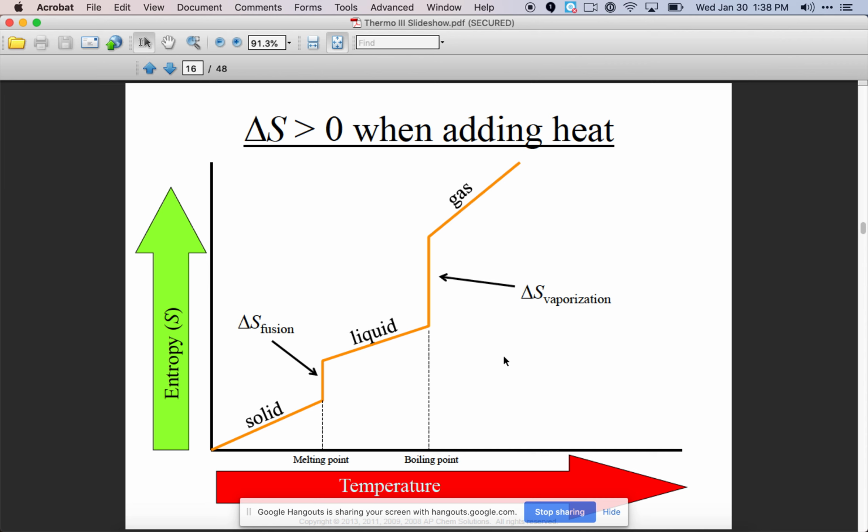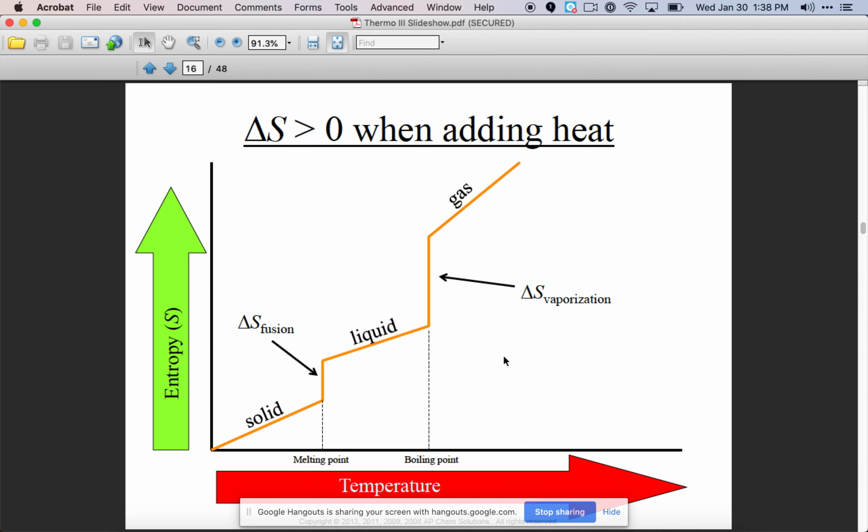You might see this on an AP test, and they're just showing you that obviously going from a liquid to a gas is a huge jump in entropy, as opposed to going from a solid to a liquid. That's where gases always win, because there's a huge jump in entropy, because there's more disorder, more random possibilities.